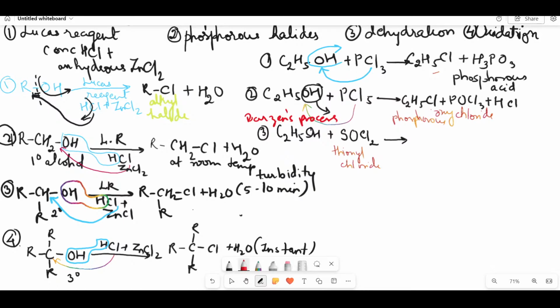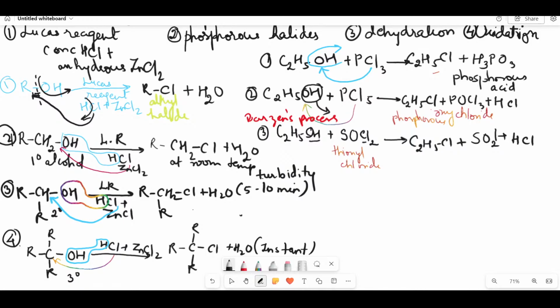The reason is, when we do the reaction from ethyl alcohol, we get the same thing, C2H5Cl. The OH is replaced by chlorine, plus SO is remaining, so we get SO2 plus we get HCl.